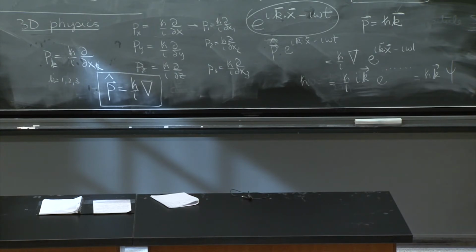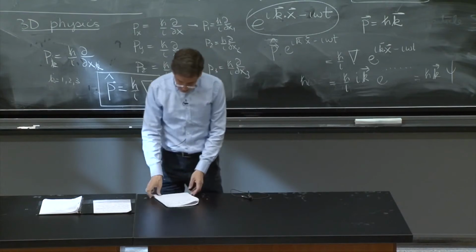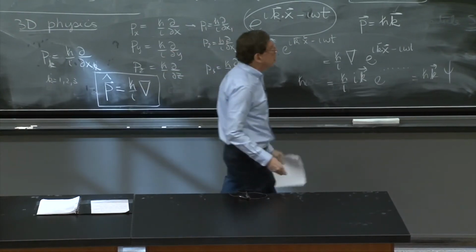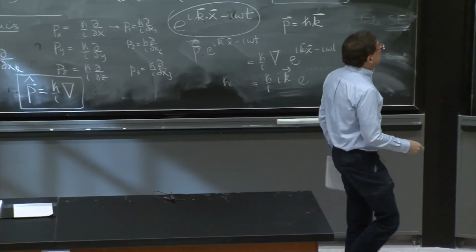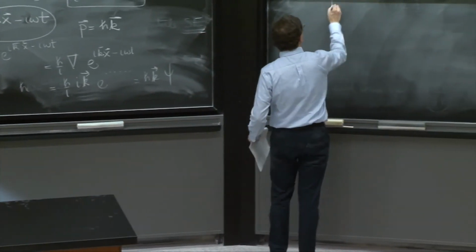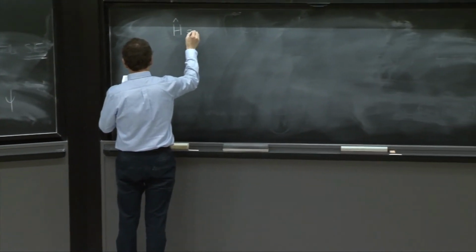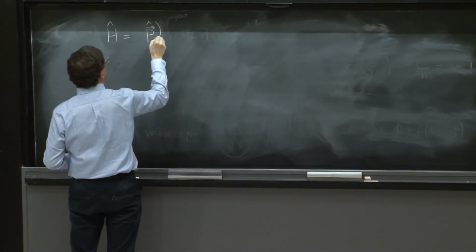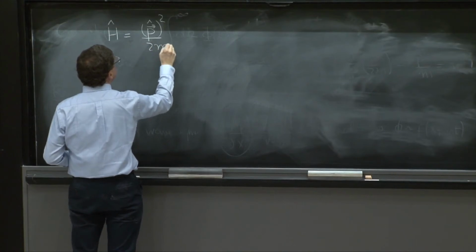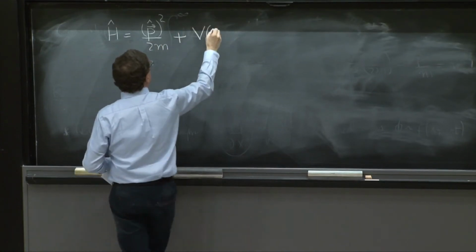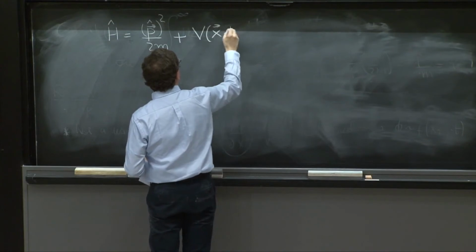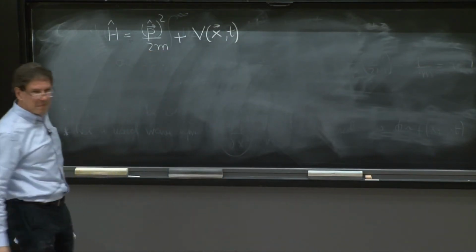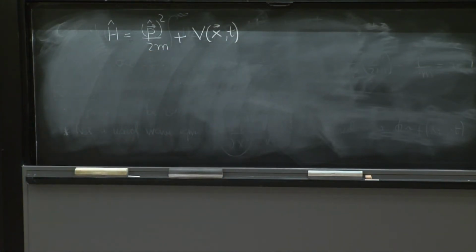We'll say one more thing. The energy operator, or the Hamiltonian, will be equal to p vector hat squared over 2m plus a potential that depends on all the coordinates x and t. The three coordinates. If the potential is radial, like the hydrogen atom, it is much simpler.